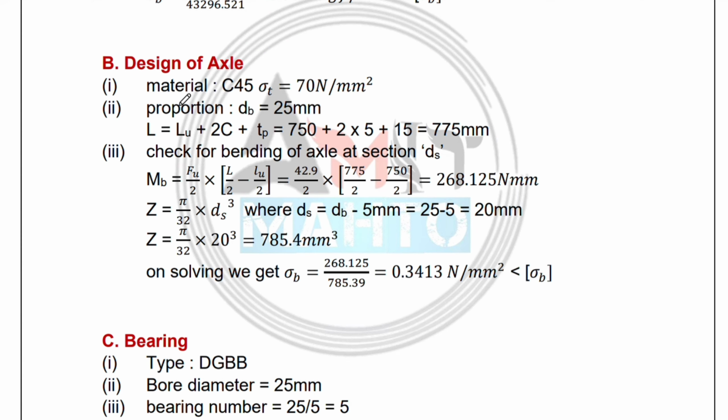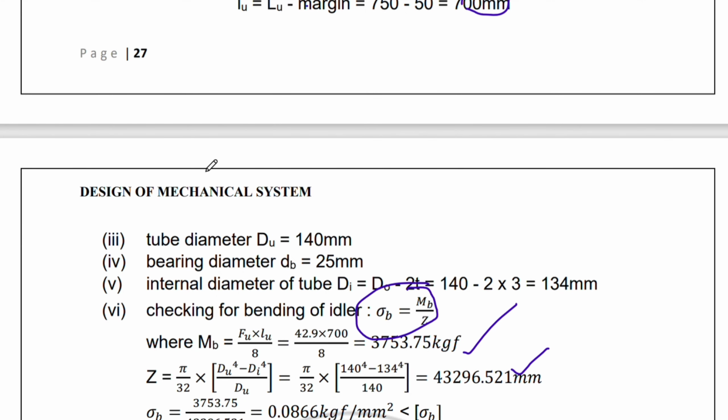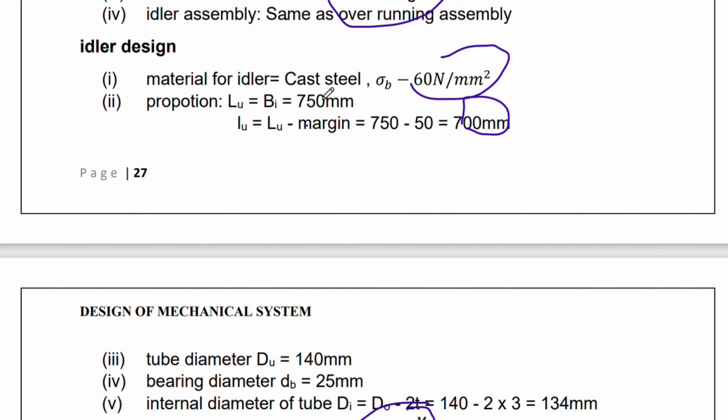Design of axle. For axle material we take C45, for which sigma T is 70 Newton per mm square. Proportion dB is equal to 25 mm, and capital L is equal to LU plus 2C plus TP. This capital LU is 750, as we found in the previous step, and the bearing diameter dB is 25 mm.